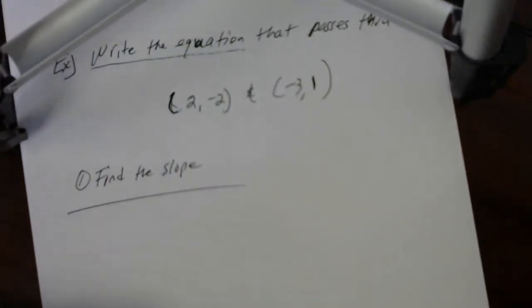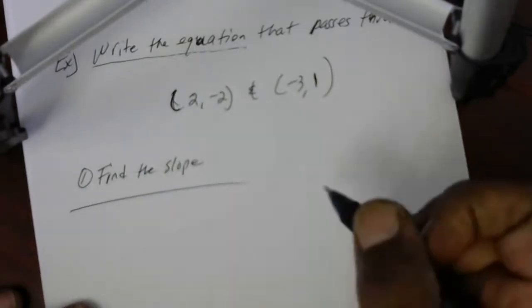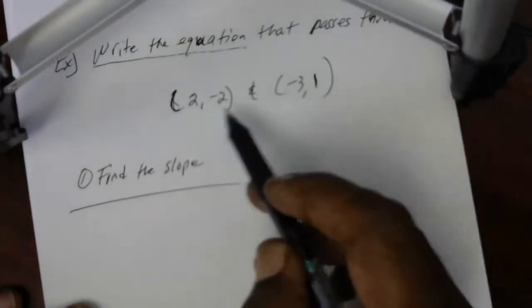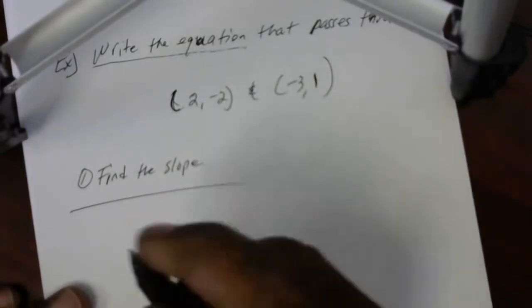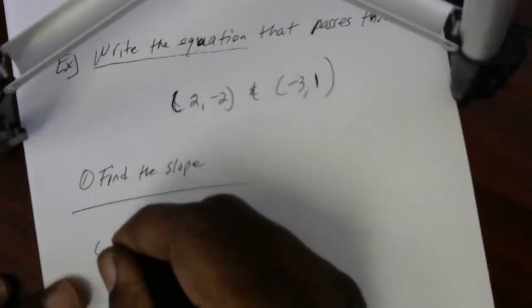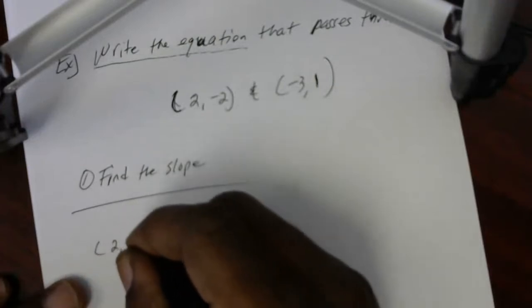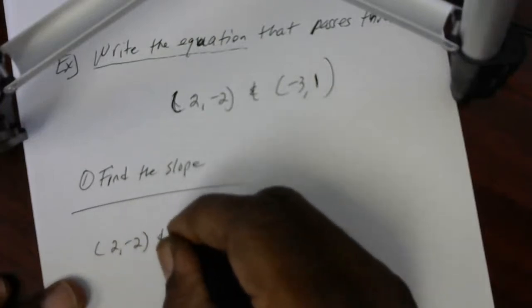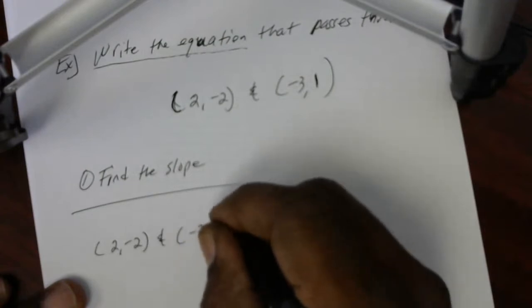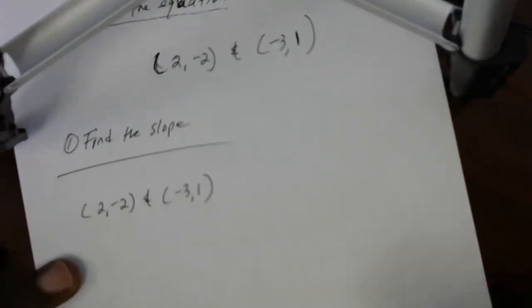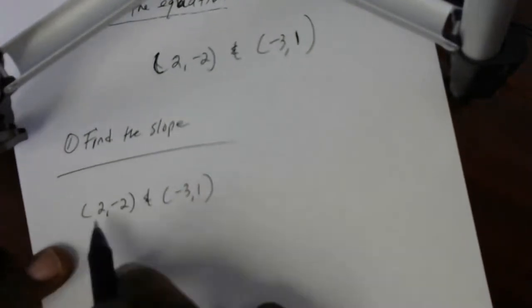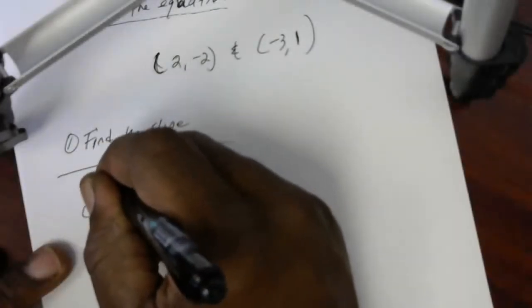So how do we find the slope? Well, remember there was a formula to find the slope through 2 points, right? It was y sub 2 minus y sub 1 divided by x sub 2 minus x sub 1. So I have my points. So this is my first point. I'm going to label this x sub 1.